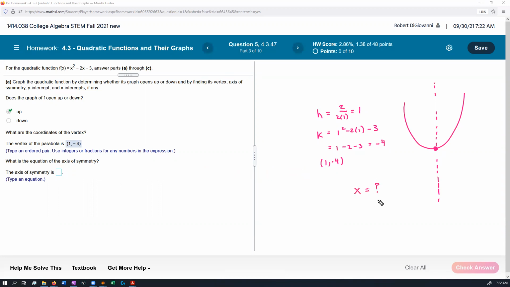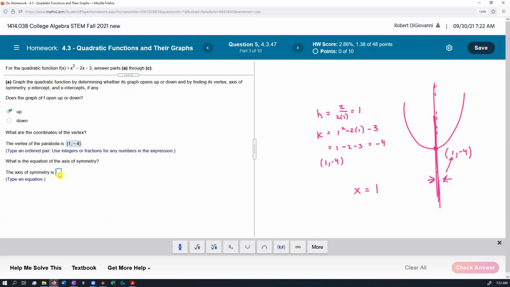If it goes through the vertex, and our vertex has the coordinates 1, -4, then the x coordinate is also the equation of this line, because it tells us our left and our right. So x equals h will always be the axis of symmetry equation. So x equals 1.